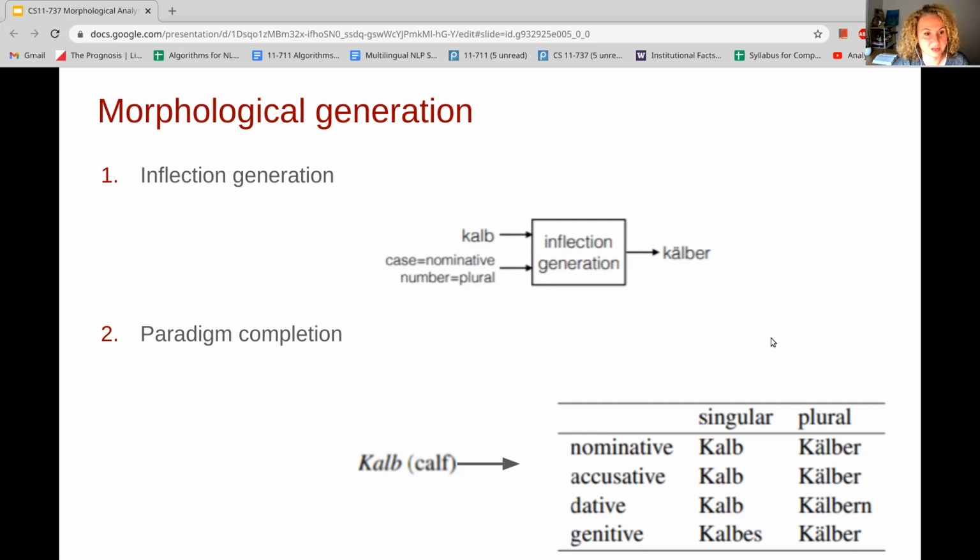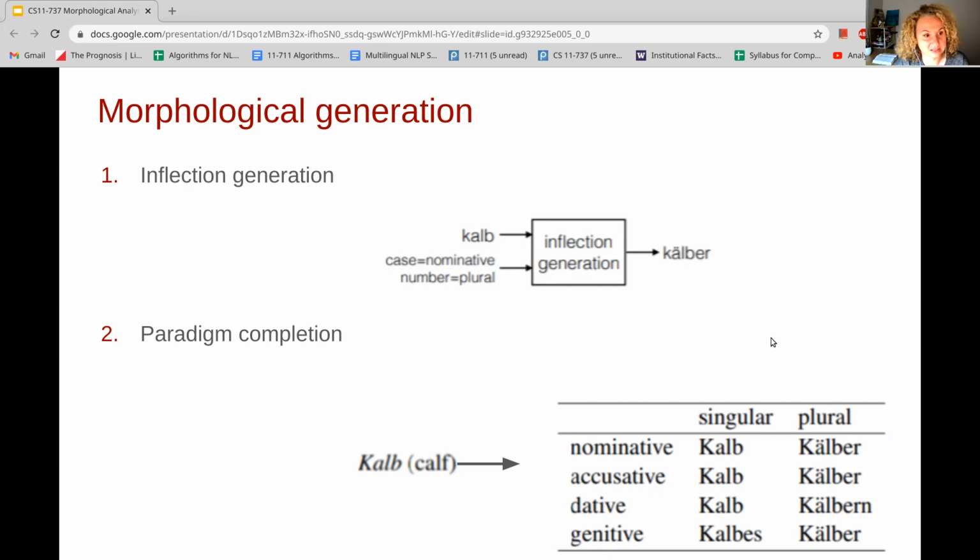For example, this is an example in German. Kalb, which is calf, and the grammatical features such as case nominative and number plural. The inflection generator will output Kälber.